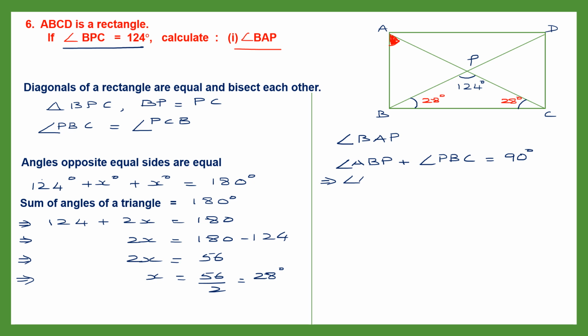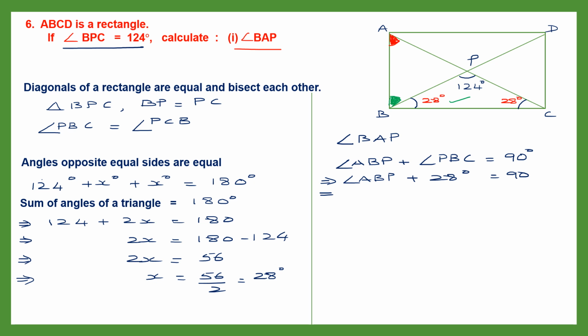That is what we are going to find out. Angle ABP, that is this angle in green here. Now if we add PBC, that is this angle 28 degrees, we will get 90 degrees.